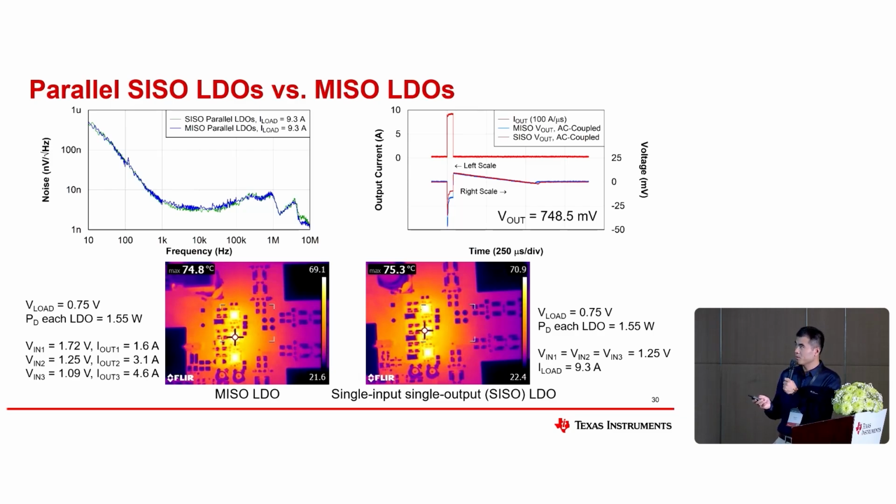For each LDO the output is 1.55 volts. One source is 1.72, the other is 1.25, and the third is 1.09 volts. You can see that with the different input supplies, the current is different. But from the thermal image, even with different input supplies, we also achieve very good thermal performance.